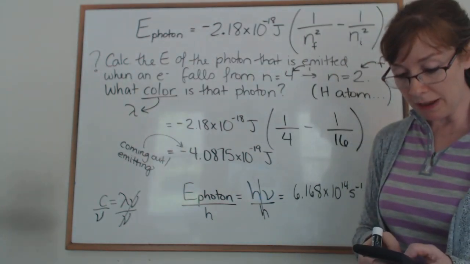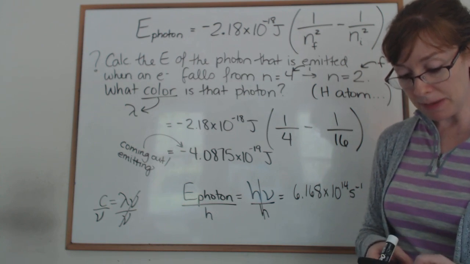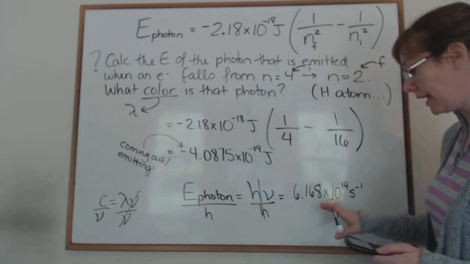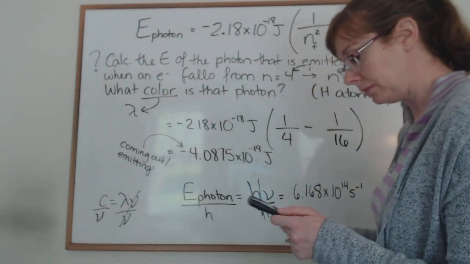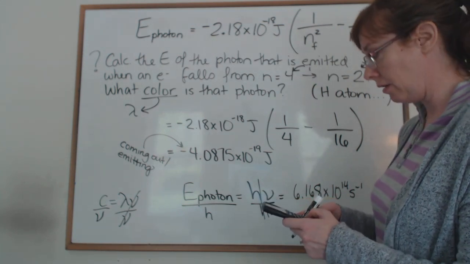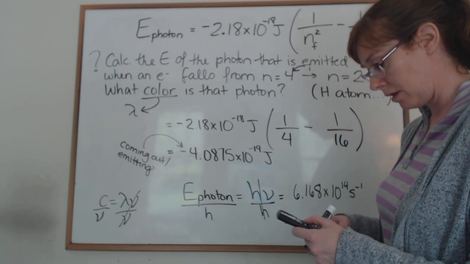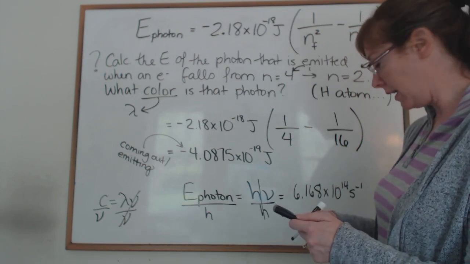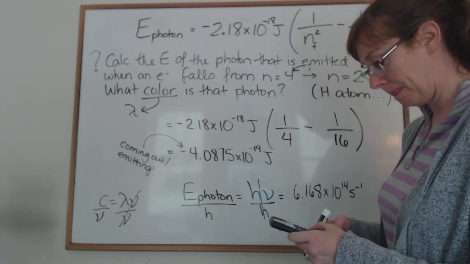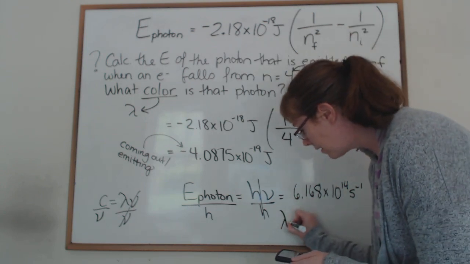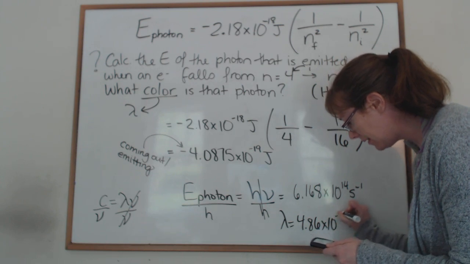So the speed of light, 3.0 times 10 to the 8th meters per second, divided by the frequency I just got, and I'm getting a wavelength equal to 4.86 times 10 to the negative 7th meters.